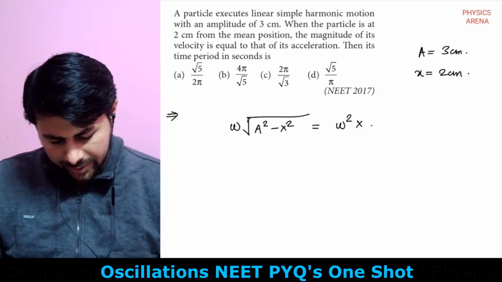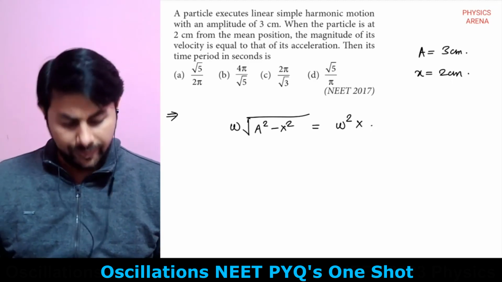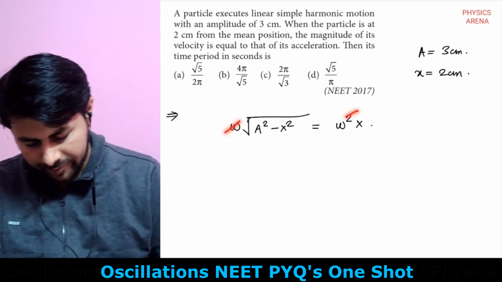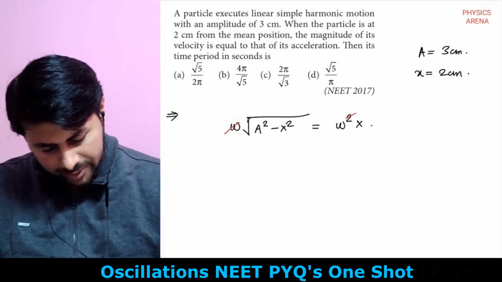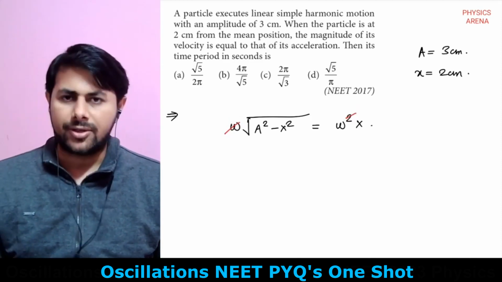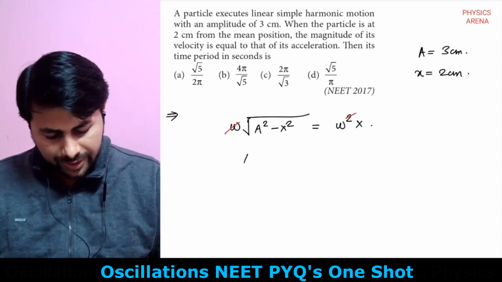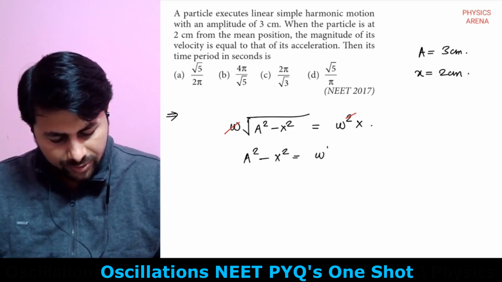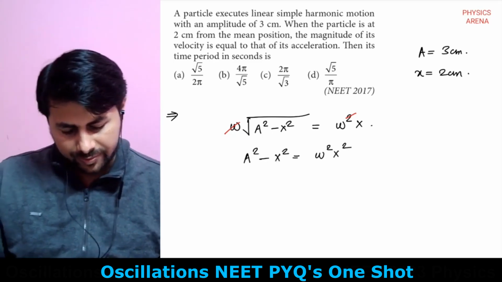Then this omega and omega will get cancelled out. Then we can take square on both sides. So we get a square minus x square equals omega square x square.